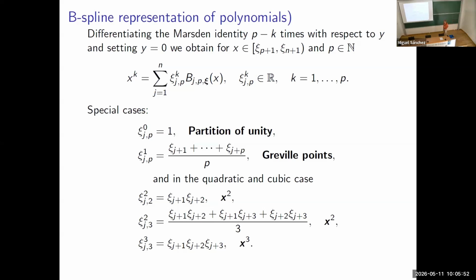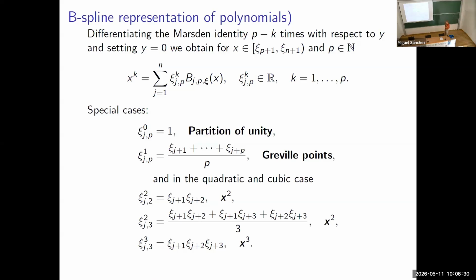If you take x to the 0, the coefficient is 1, so that proves a partition of unity. If you take k equal to 1, you get the average of the interior knots of the jth B-spline. These points are known as Greville points, which we'll come back to. As other examples, you have a quadratic and cubic case.